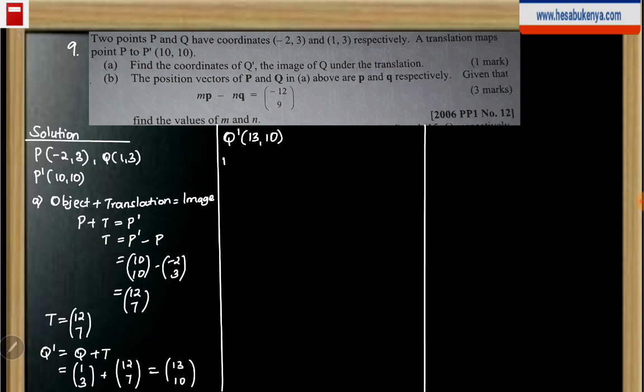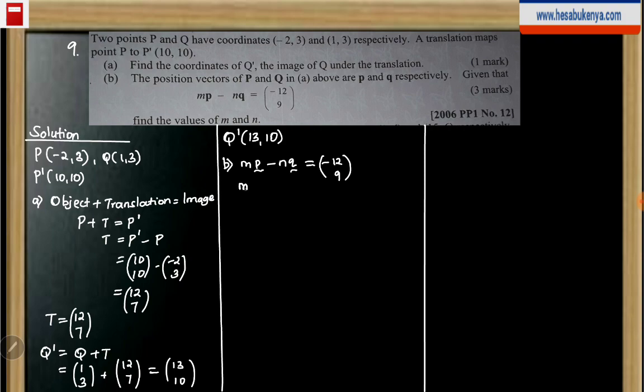Now part B. In part B, we are told that the position vectors of P and Q are P and Q respectively, and then MP minus NQ is equal to -12, 9. Using this equation, we are required to find the values of M and N. Now, the value of P is -2, 3.